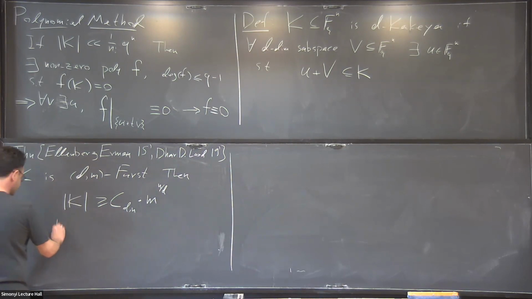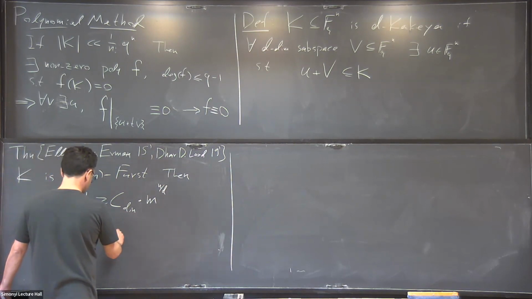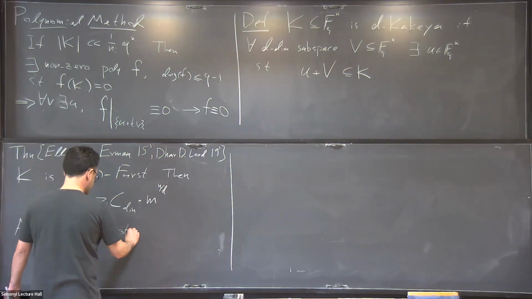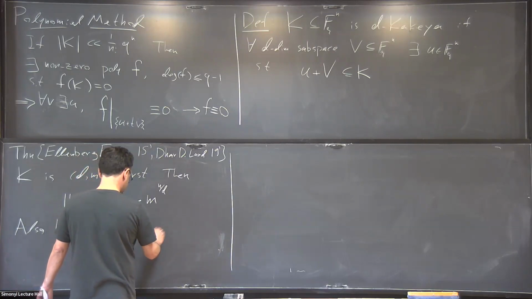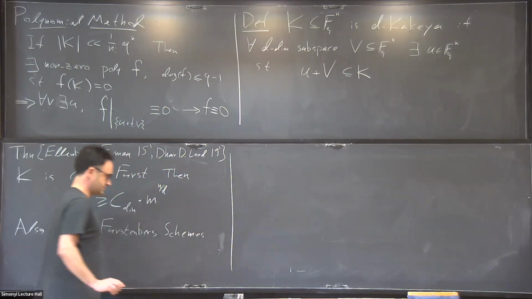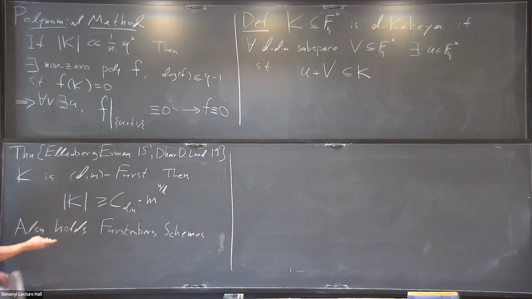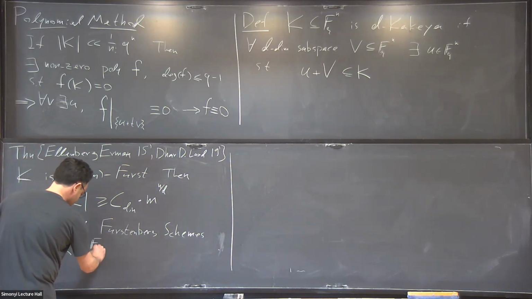And again, this also holds for Furstenberg schemes, and this is really not my specialty, but if you know what schemes are, instead of finite sets, they look at finite dimensional quotients of the polynomial ring.